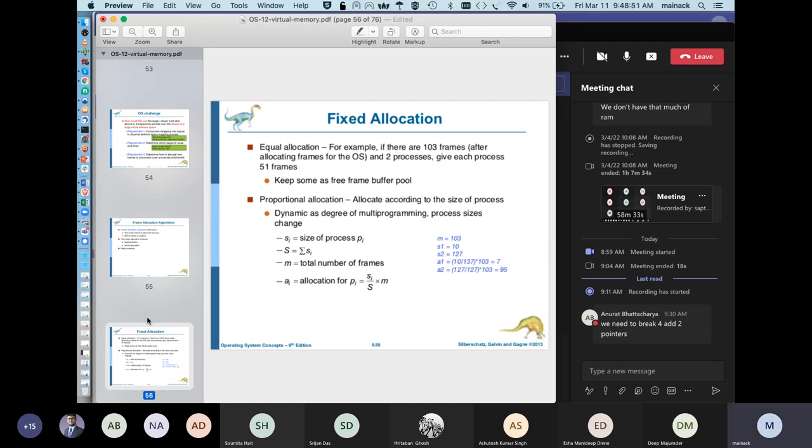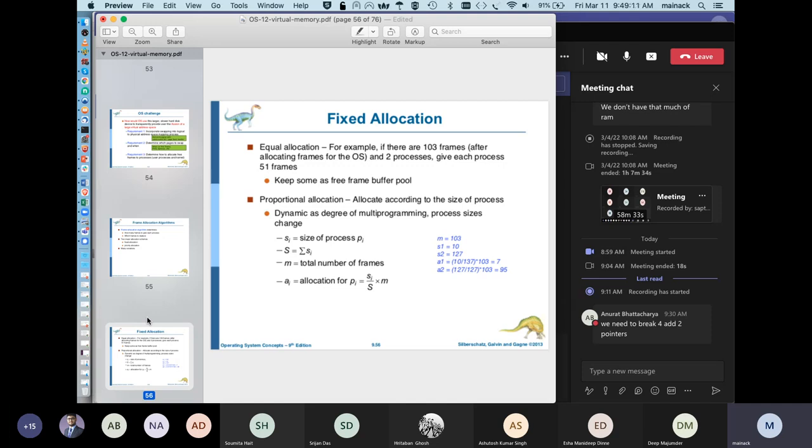So this proportional allocation can be dynamic as degree of multi-programming or process sizes change over time, but the idea is pretty simple. If s_i is the size of process p_i, then you find the total size of all the processes, which is capital S here.